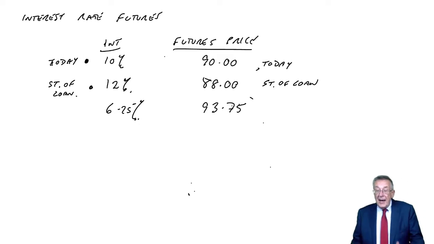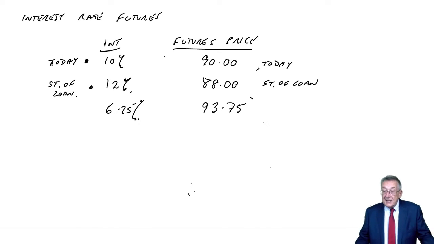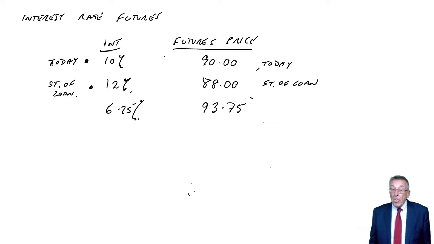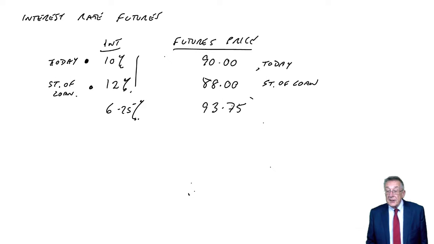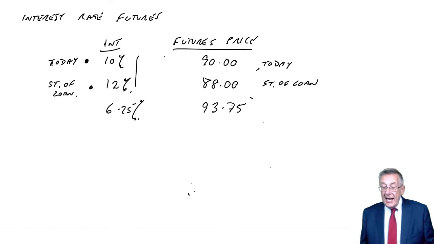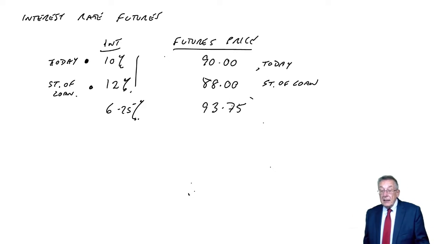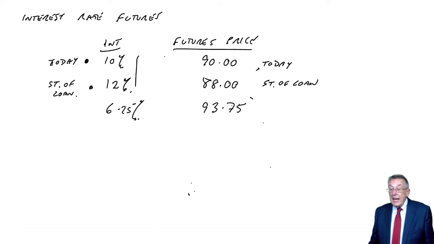Well, you buy and sell at 90, at 88, at 93.75 and so on. But since we're losing on the interest, we're paying more interest, how can we make a profit on the futures? How can you make a profit if the price today is 90 and the price later is 88?